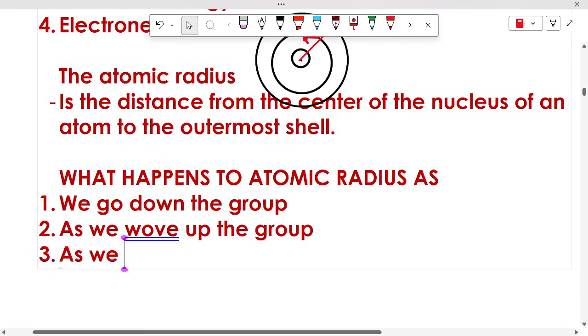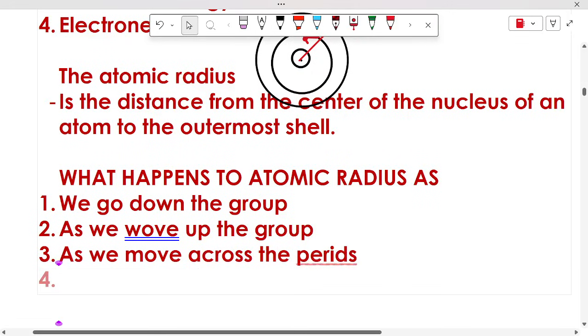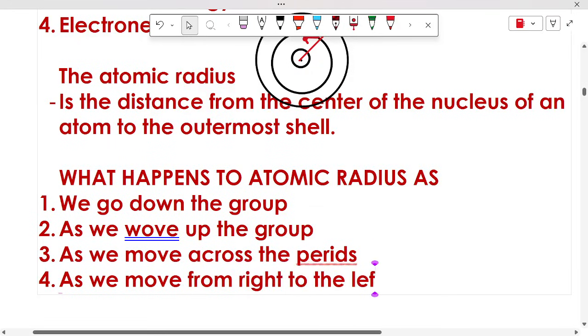Number three, as we move across the periods. Number four, as we move from right to the left of the periods. What happens?